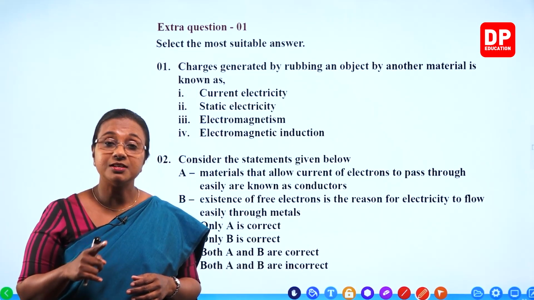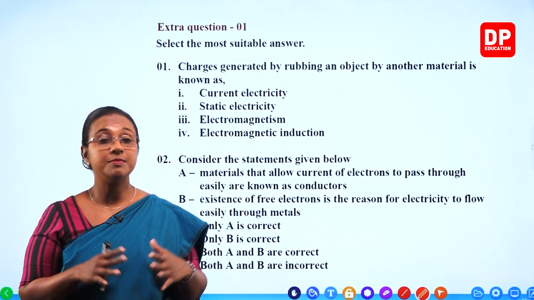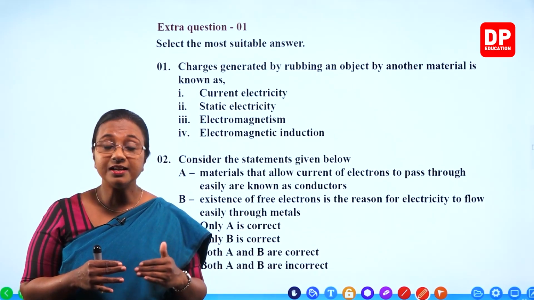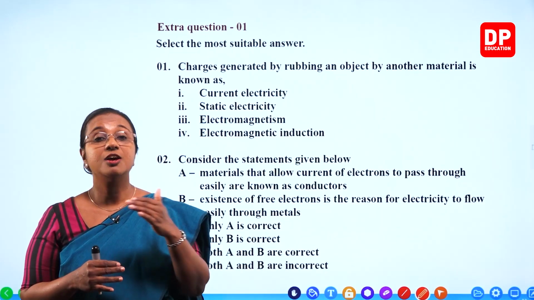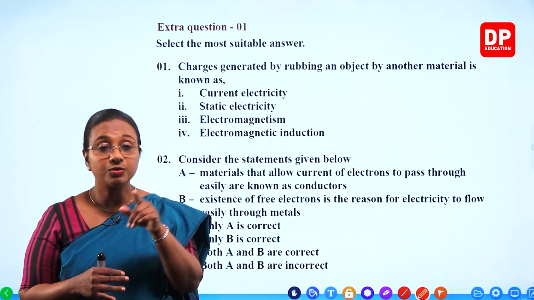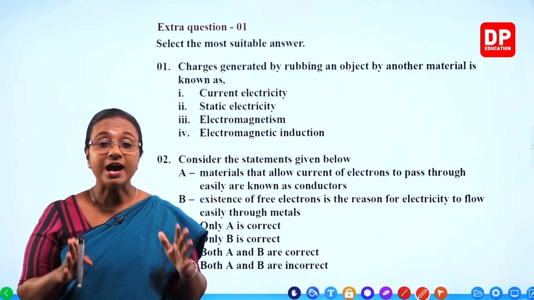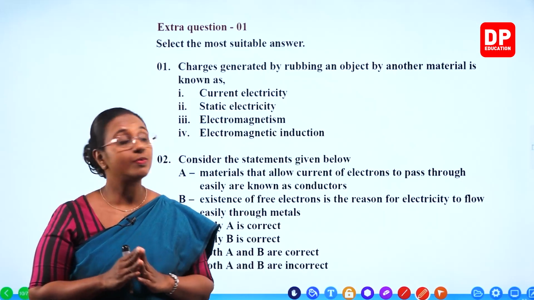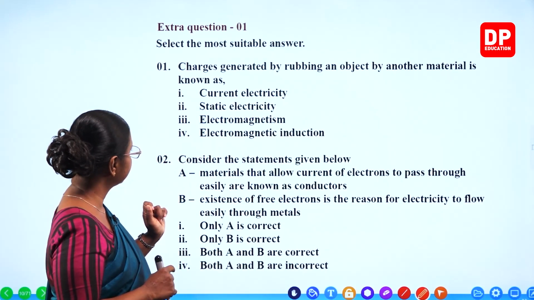Normally, electrons flow from negative to positive terminal of a dry cell through the circuit, whereas current, that is the conventional current, flows from positive to negative terminal through the circuit. So there it is the flow of charges. That is what we call current electricity.